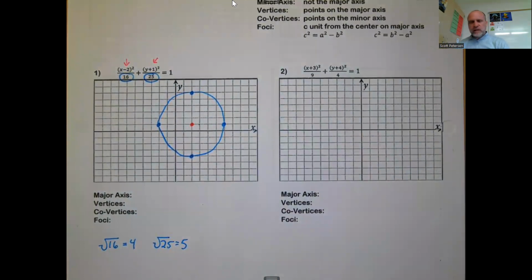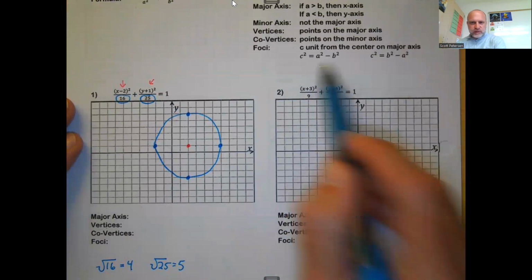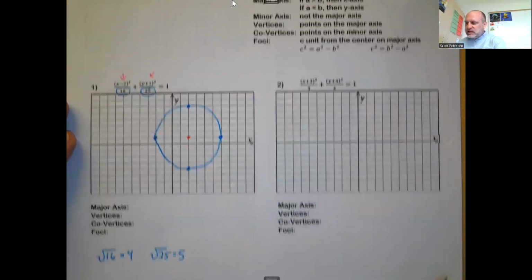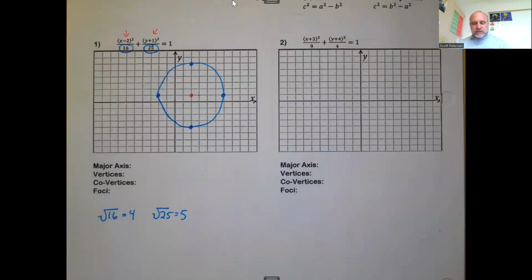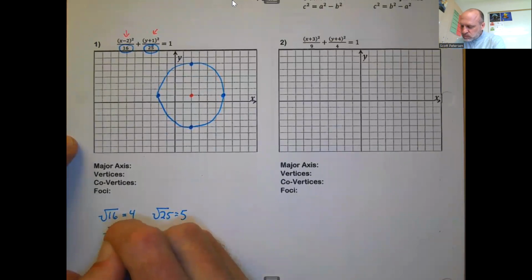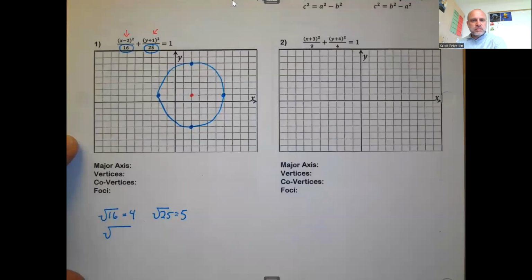The last thing we need to do is to find our foci. Our foci, if we look up here, they give me 2 formulas. The easiest thing to do to remember your foci is you're going to take the square root of the difference between these two numbers.